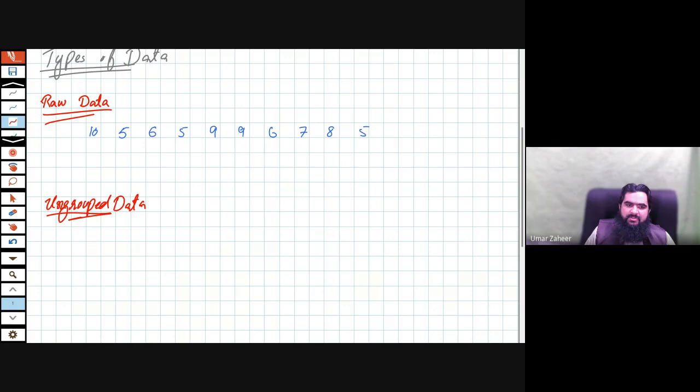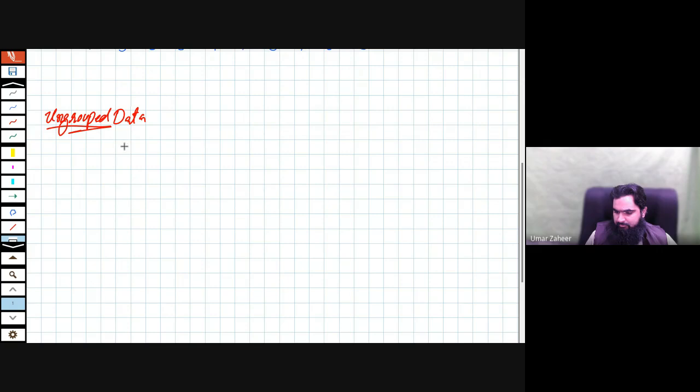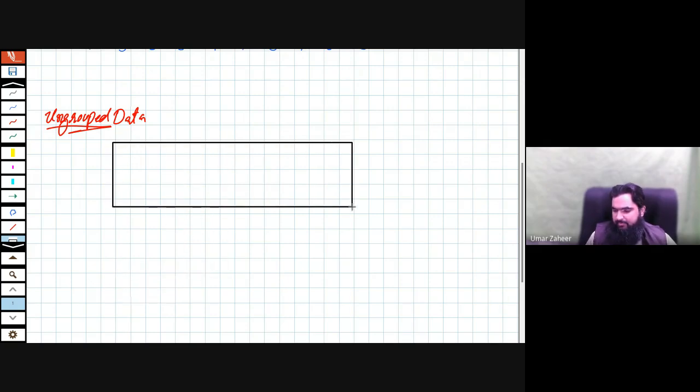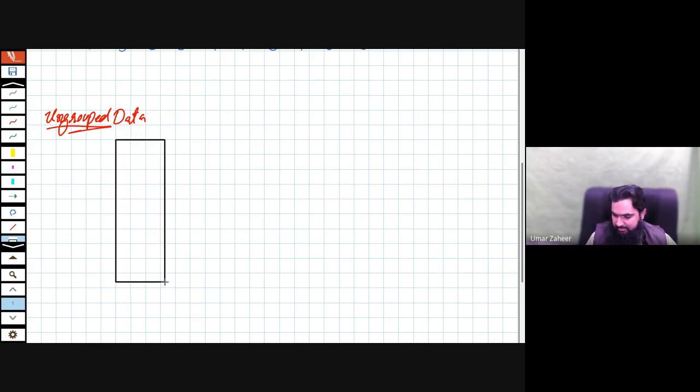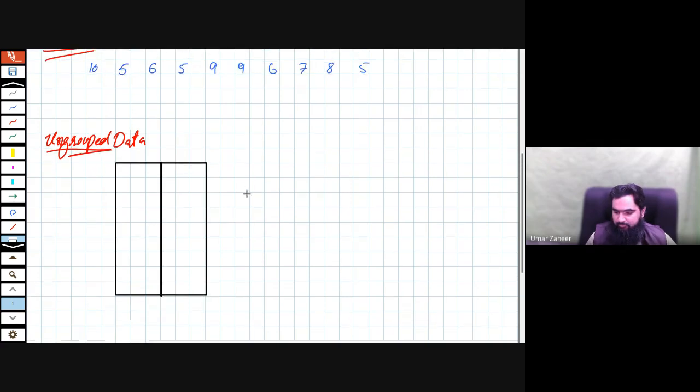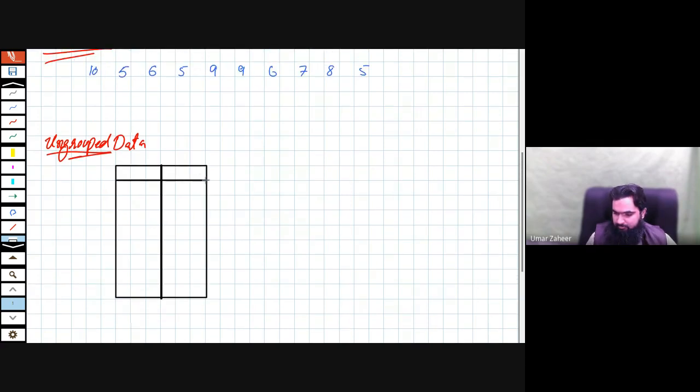In ungrouped data, basically you are a little bit organized, and you write the frequency of each data. Let's say we make a table. The table may be in the vertical way, or in the horizontal way. Let me make a vertical one.